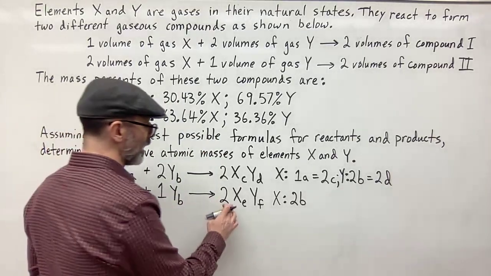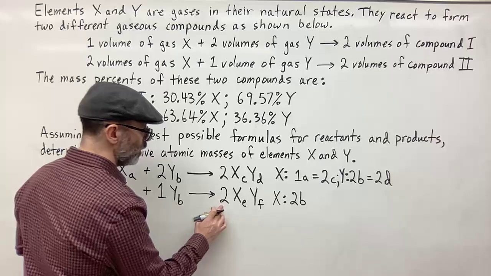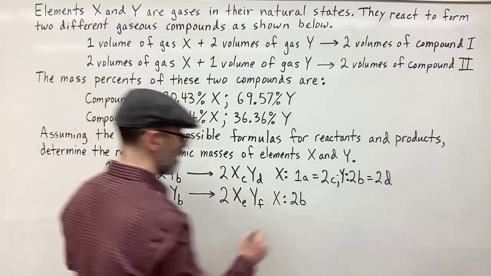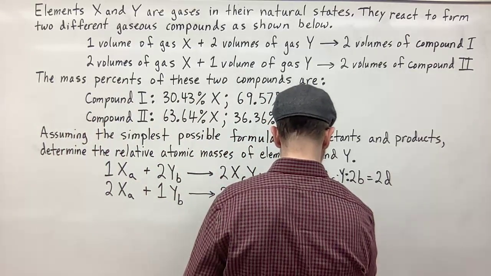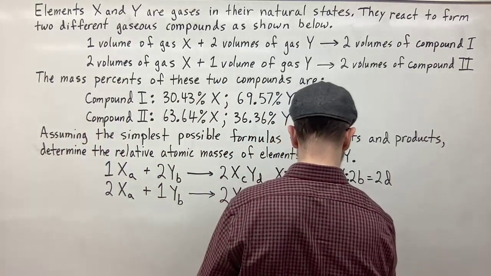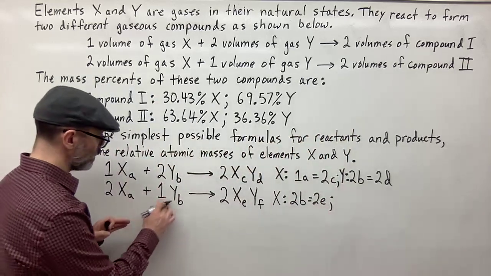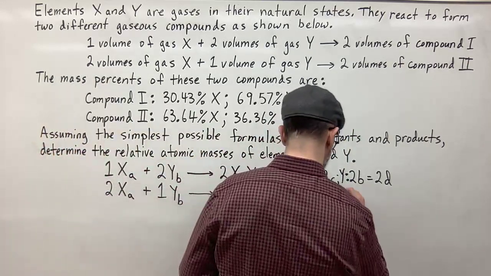And we do the same thing on this side for this X. So 2 times E is going to be the same for these X's here. So that's going to be equal to 2E. And then for the Y, same thing. So 1 times B for the Y.